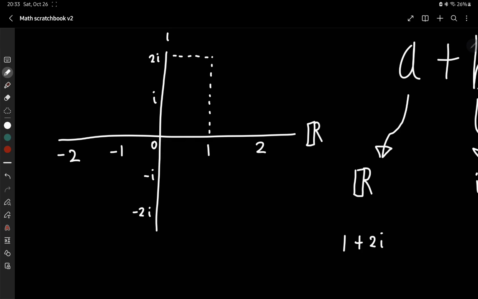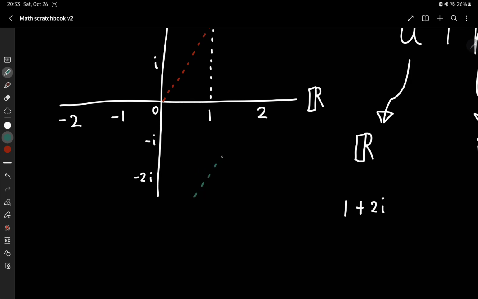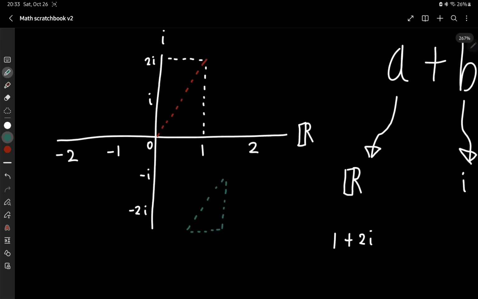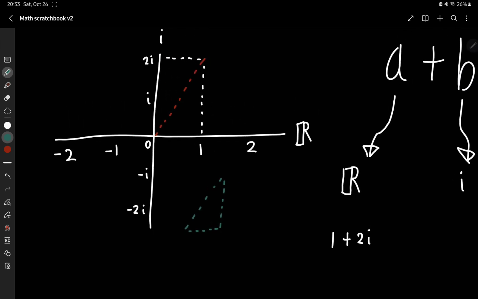But if we take that logic and apply it to complex numbers, we can realize that the absolute value of a complex number is the distance in 2D space away from the origin point, in which case this is 0. And this should look familiar to you, because from that we form a right angle triangle, and we can just use Pythagoras to find the absolute value.